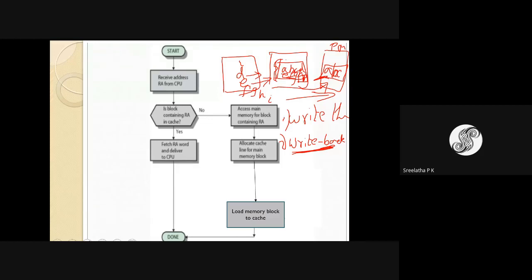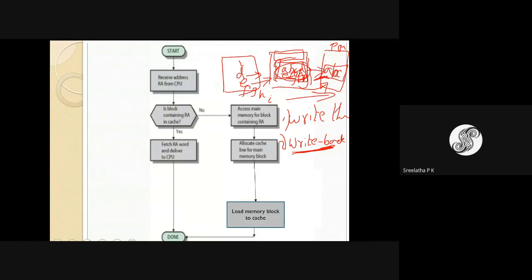Whenever there is no space in this cache memory, some other programs will be running and their instructions will also be copied to the cache memory, not only the current program. So at a particular time, when a replacement happens, this whole data is updated in the primary memory.